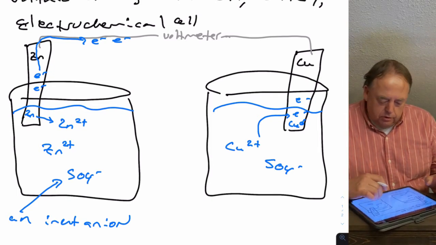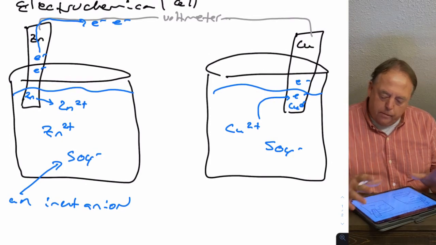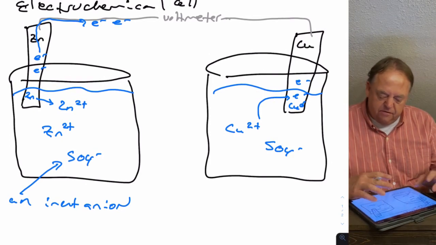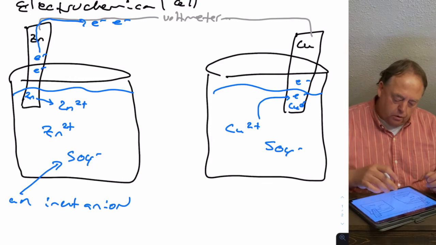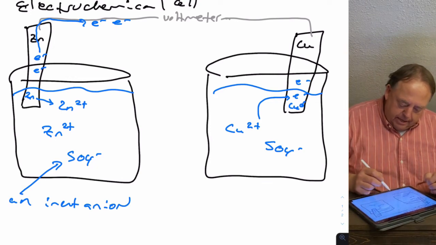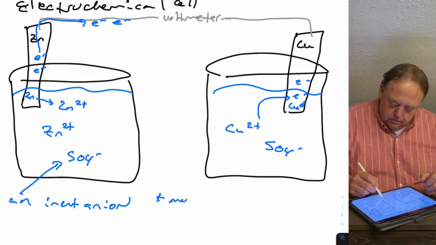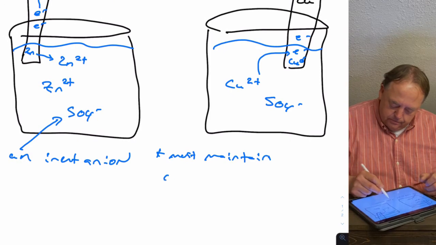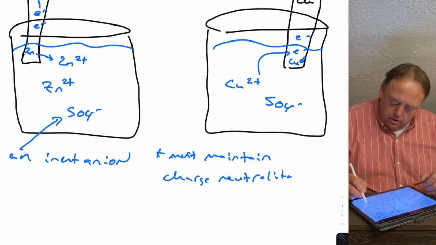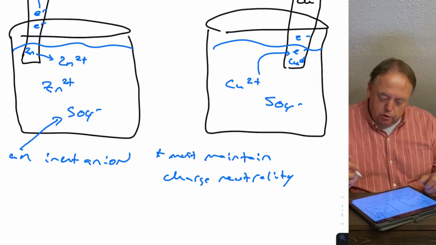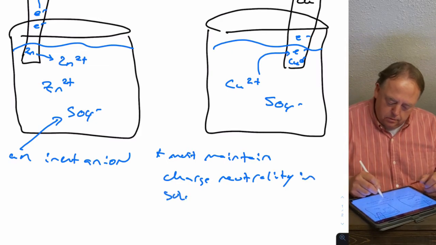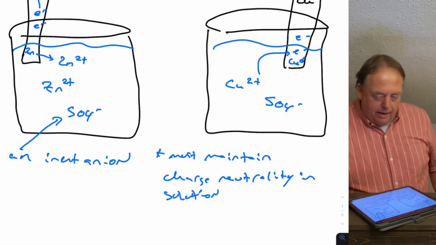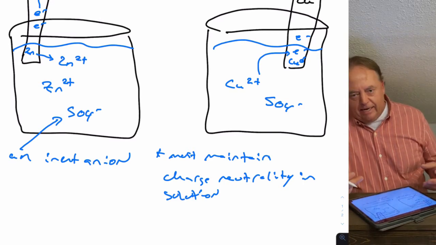Okay, so this needs one more piece of the puzzle to finish the voltaic cell to make this work. And the issue is that you must maintain charge neutrality in the solution. Right, if you have positives, you have to have the same number of negatives to balance them out.